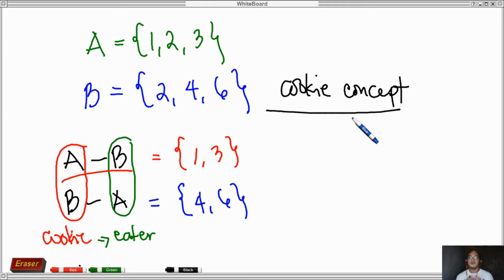Actually, for all set operations, this is the one that is a bit confusing. Not hard to understand, but very challenging. Again, do not depart from the cookie concept. Always follow it: what is written first is the cookie, and what is written next is the eater.